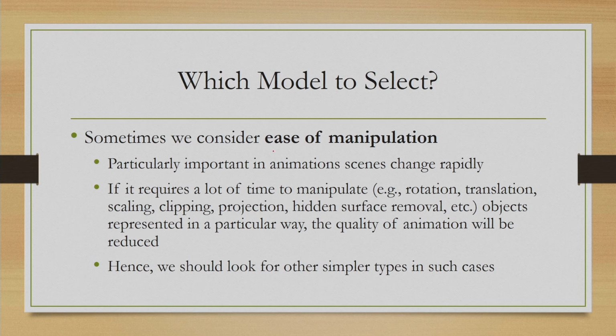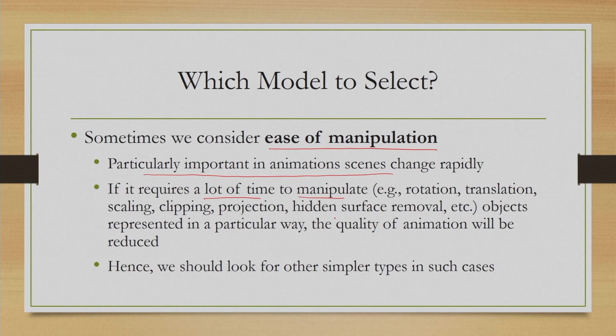Another consideration may be ease of manipulation. So, when we are creating animation, this consideration comes handy and it becomes important. Now, as we said, each representation has its own methods, own algorithms, own process. Subsequent stages of the pipeline need to process these representations to carry out the operations that are part of the subsequent stages.